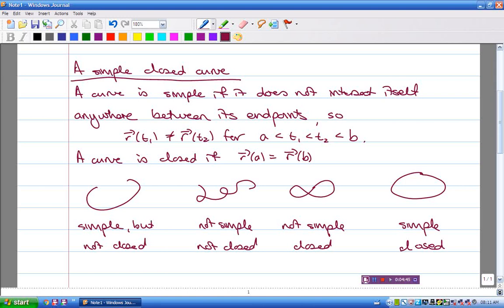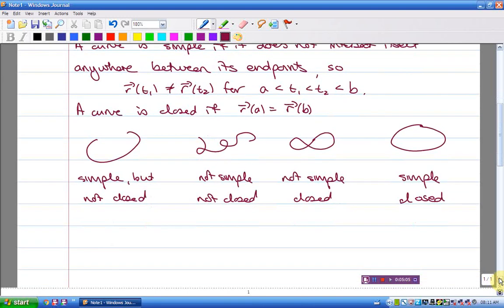So even if the motion of the particle is closed because it comes back to where it started, the curve itself would be simple but not closed. You're referring to the geometric object of the path rather than how something moves along it. Okay, so that's one thing. A simple closed curve, that's a term that we're going to come across. You need to know what it means.